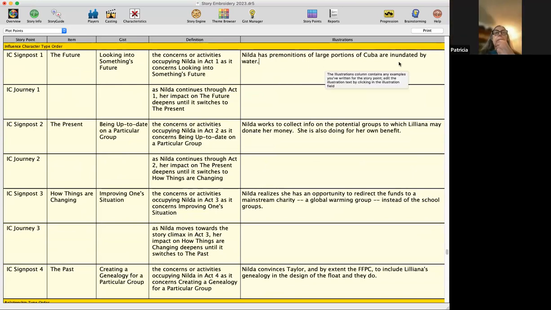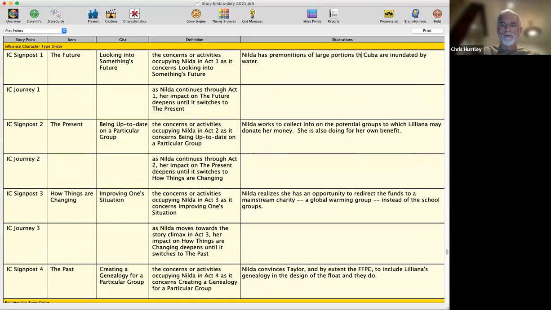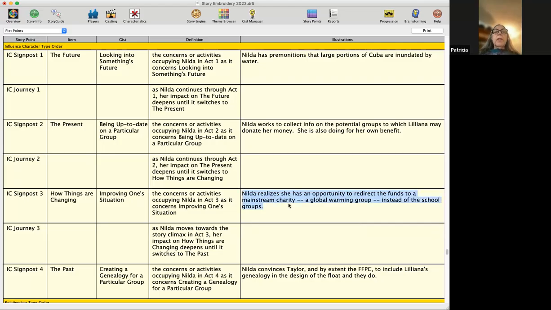Nilda has premonitions of large portions of Cuba. No, it was in the third, looking into someone's future, being up to date, in particular group, improving one's situation. And I just remember it switched to the present. Right.